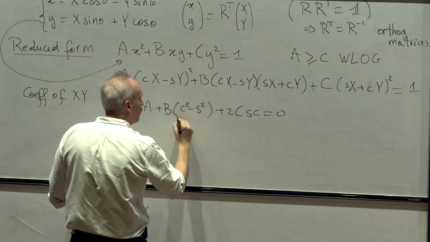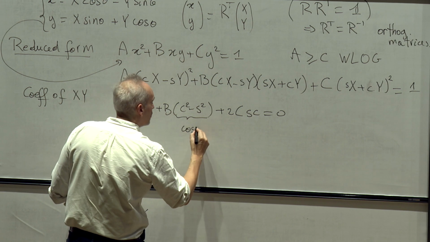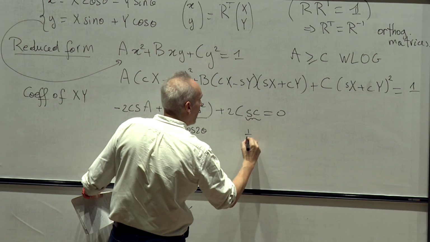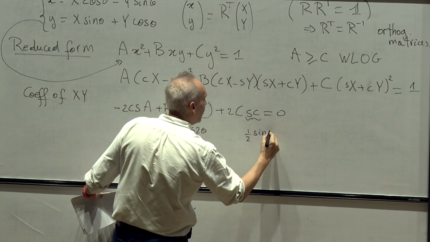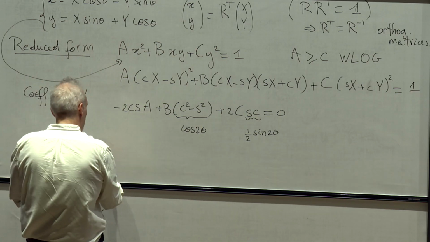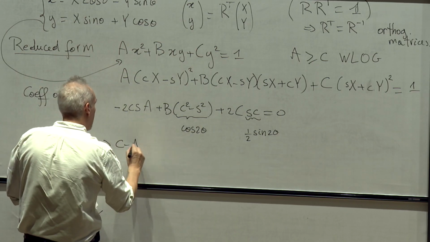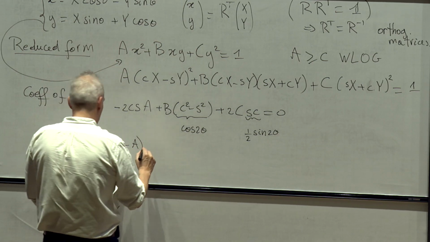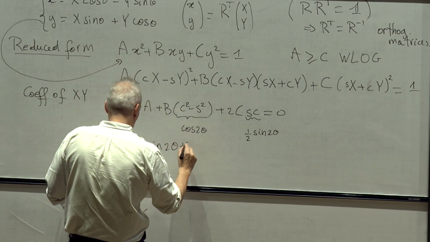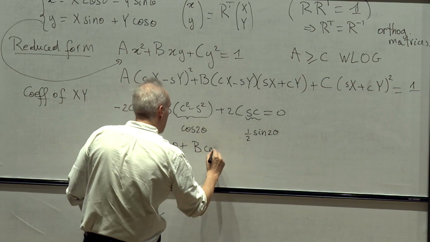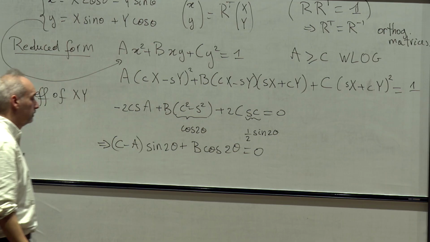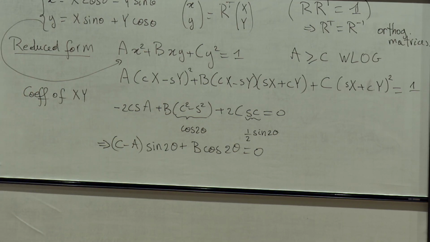Again, I recognize here this is cosine 2 theta, and this is 1/2 sine 2 theta. So I can rewrite: (c minus a) times sine 2 theta plus b cos 2 theta equals 0.